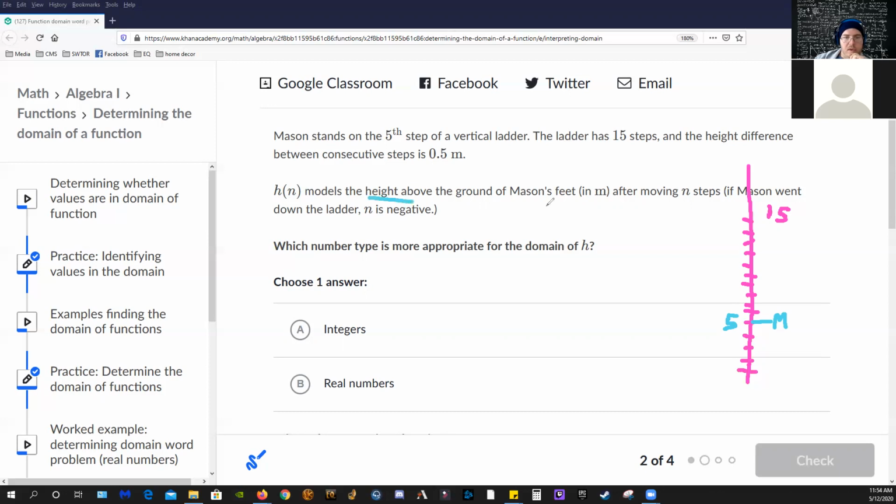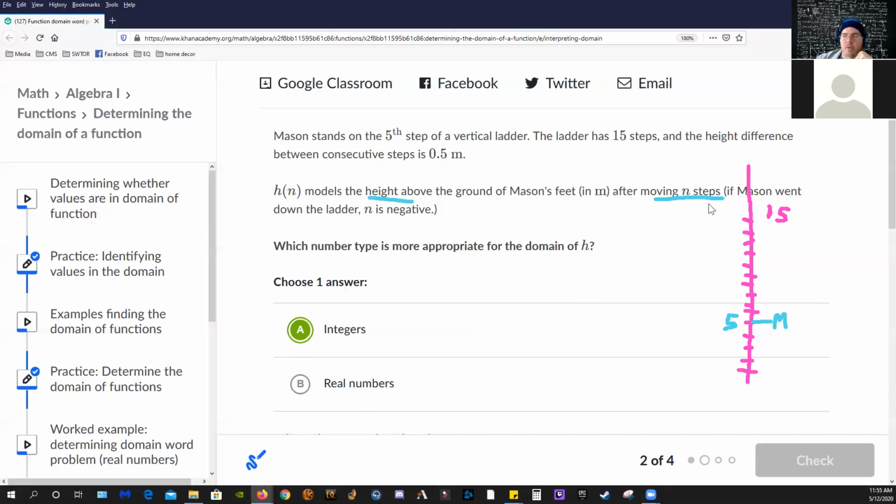So it's height depending on n being the number of steps. If Mason went down the ladder, n is negative. Okay. Well, integers are supposed to be whole numbers, and each one of these steps, we're counting n steps. I'm going to go with integers because we're counting n steps, and you can't take half a step of a ladder.